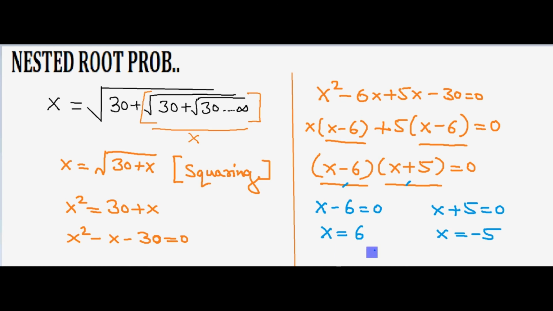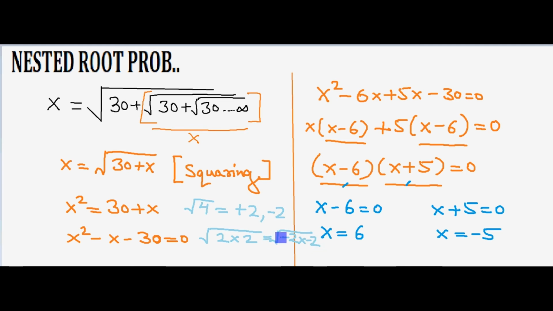Just for example, if root over 4 is given, the answer is not just 2, it's both positive 2 and negative 2, because 4 can be written as 2 into 2 inside the root, or it can be written as negative 2 into negative 2. That's why the answers are both.